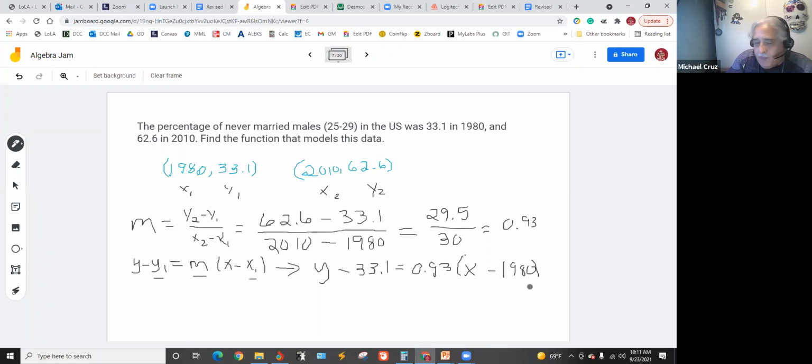And like I said, the thing about applications is they're not necessarily going to be nice numbers.